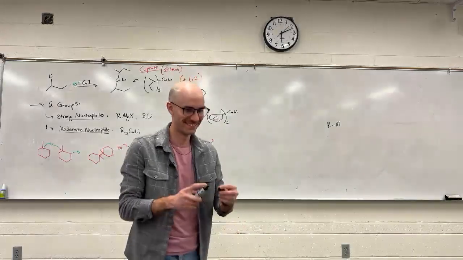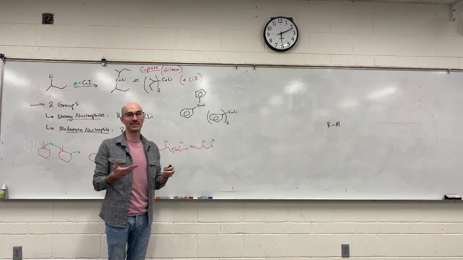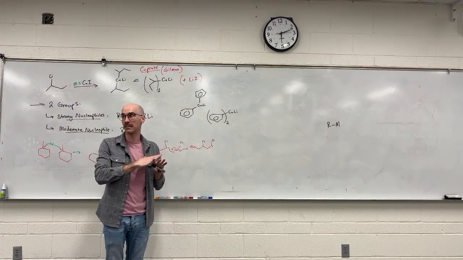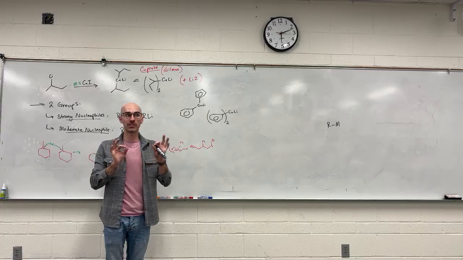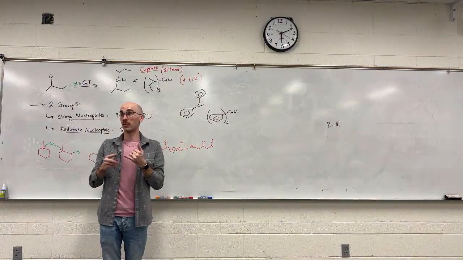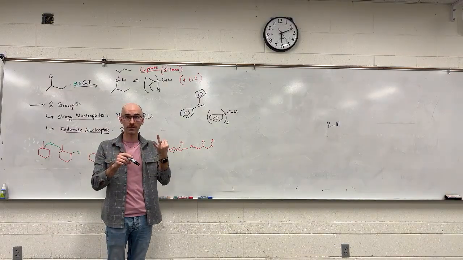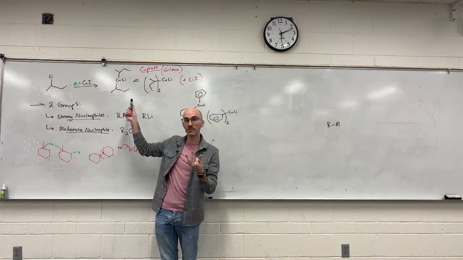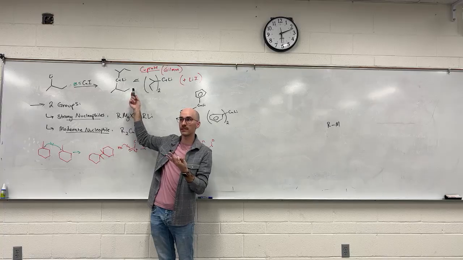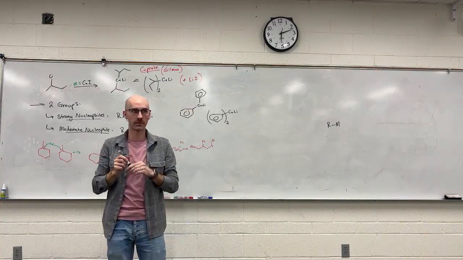It might. For right now, it can't. So until I say except or especially with, for right now, we're saying Grignards, organomagnesium halides, organolithiums, and lithium diorganocuprates, also called Gilmans, all can do these reactions.